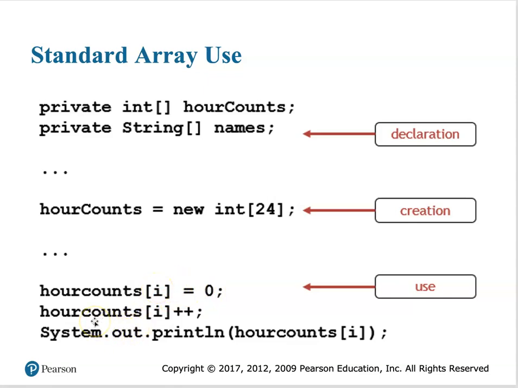Here, take the hour counts array at position I, add 1 to the value, store that value back into hour counts sub I. Print out the value of the location of the hour counts array at position I. Ultimately, you want to get used to the idea that whatever is inside of the square brackets, when we're trying to use it, has to end up between the minimum location, which is 0, and the maximum location.